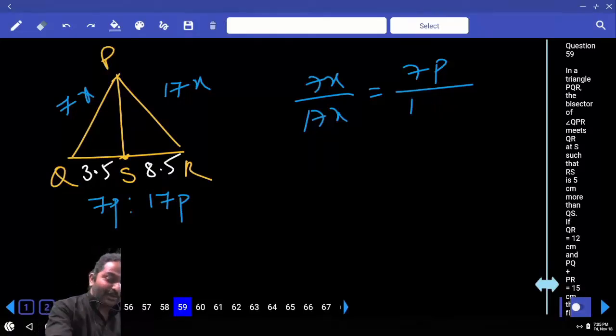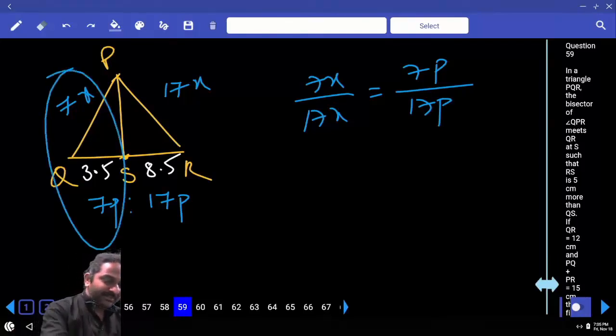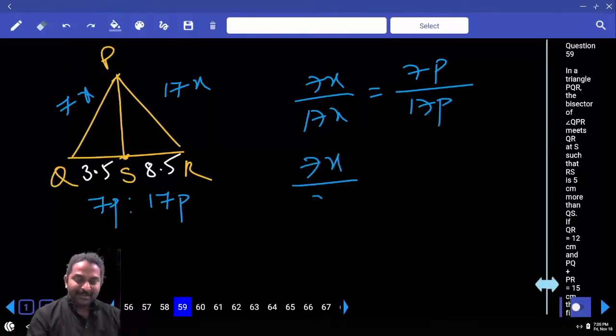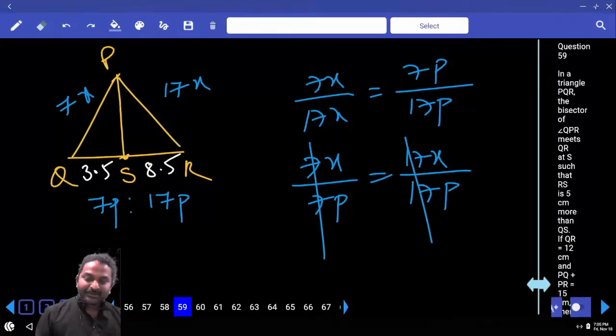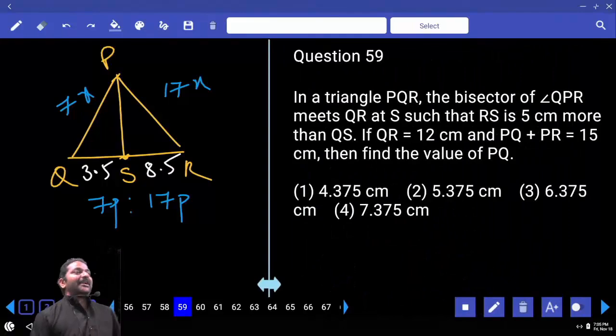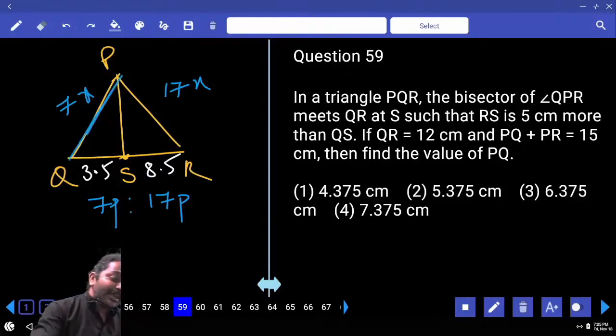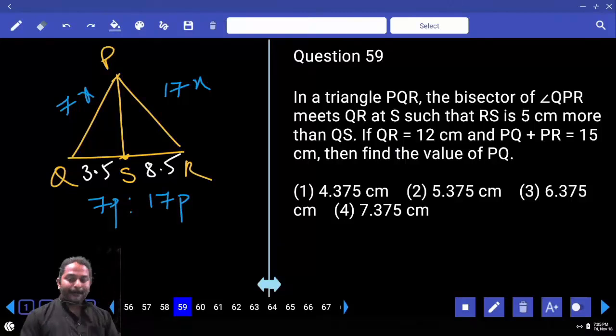The other equation I wrote was this way: 7x by 7p is equal to 17x by 17p. 7, 7, 17, 17 cancel. Again left hand side and right hand side both are equal. So with that logic I am saying, as base values are in the ratio 7 is to 17, even the sides PQ and PR also must be in the same ratio 7 is to 17.